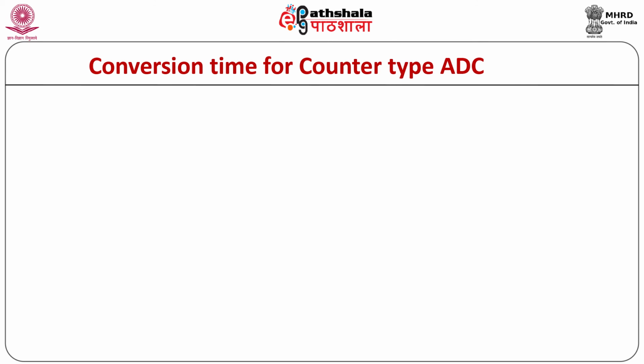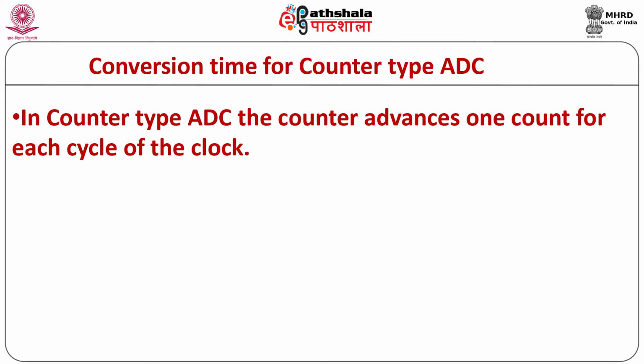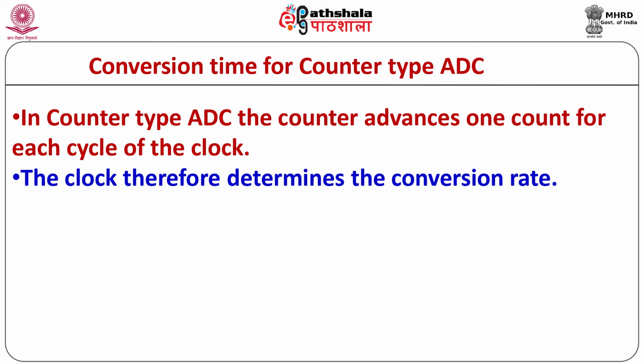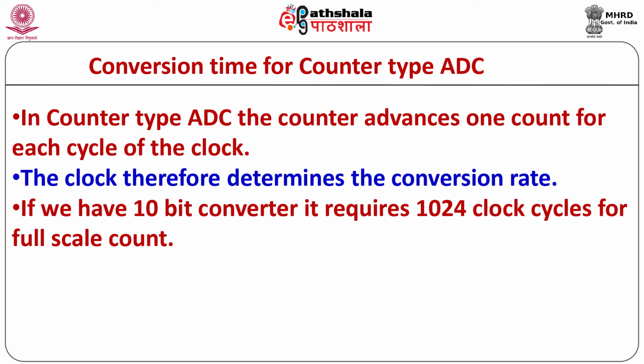In counter type ADC, the counter advances one count for each cycle of the clock. The clock therefore determines what is known as the conversion rate of the ADC. As we know, the conversion rate is the time taken by the circuit to convert analog voltage into digital form. If we are using a 10-bit converter, it will require 1024 clock pulses for full scale output.